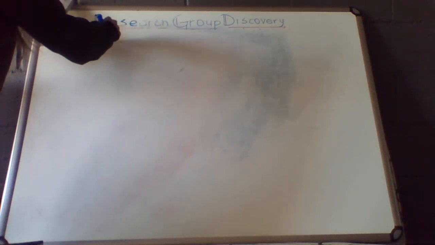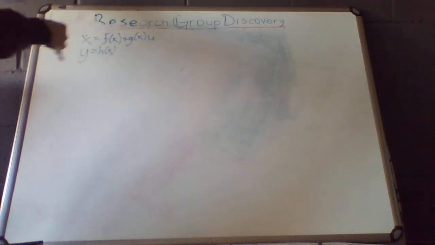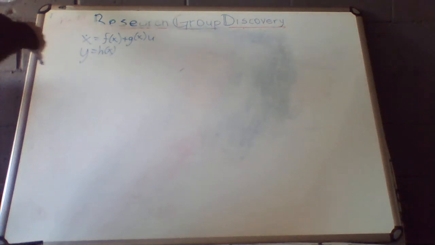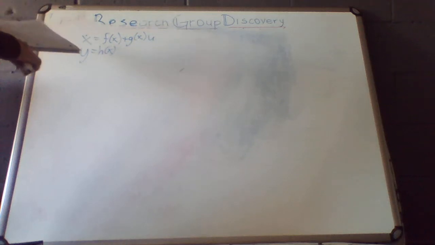And so say we start like this: x dot equals f of x plus g of x u, and y equals h of x. So say we have this system, then we want to know if we can devise a clever u, and maybe we need a change of variables as well, to be able to make the resulting closed-loop dynamics linear so that we can analyze them.